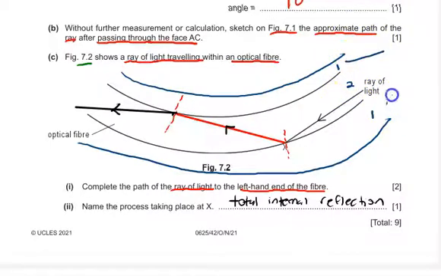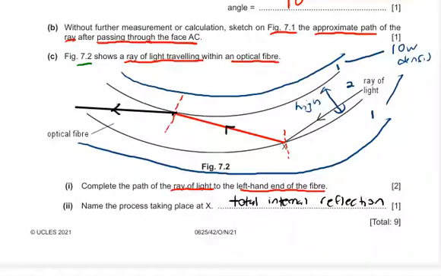Sorry, the outer one will be the lower density, low density, and in between here you have a high density. This is how the optical fiber will operate. So we move on with the next question.